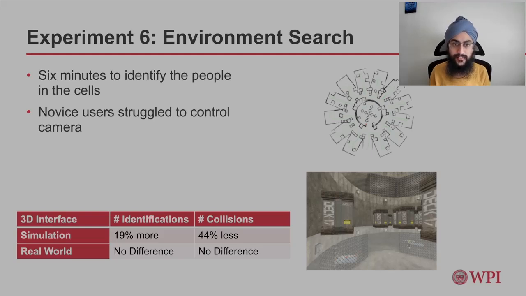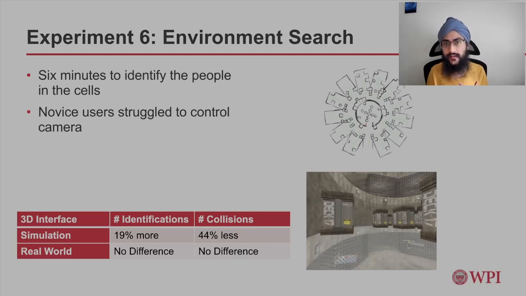They were given 6 minutes to identify as many people as possible, and they did one of these experiments in the simulation environment, and then another similar task in the real world. They found that again the 3D interface did a lot better in the simulation, but they didn't find the 3D interface doing any better in the real world.